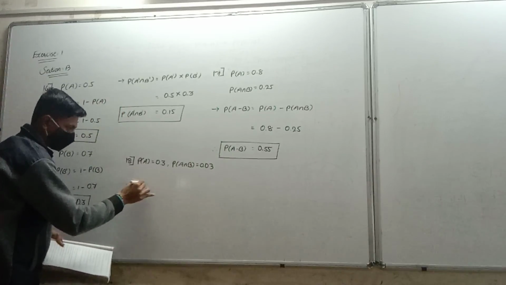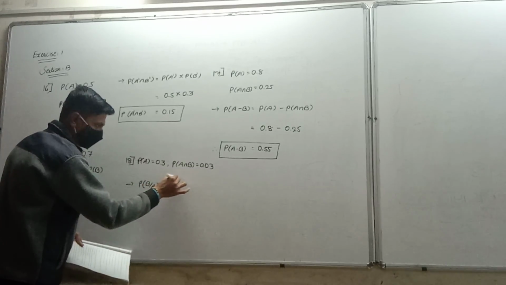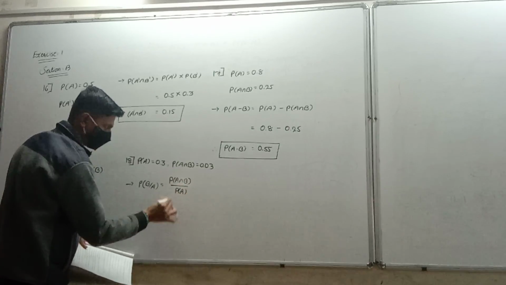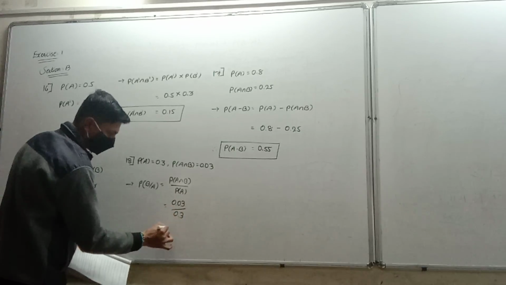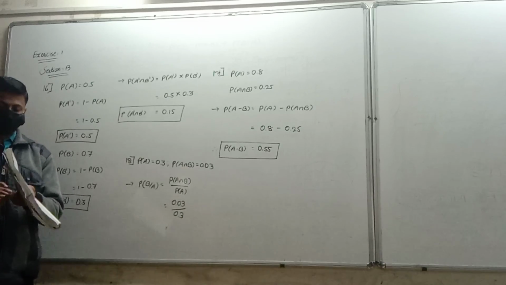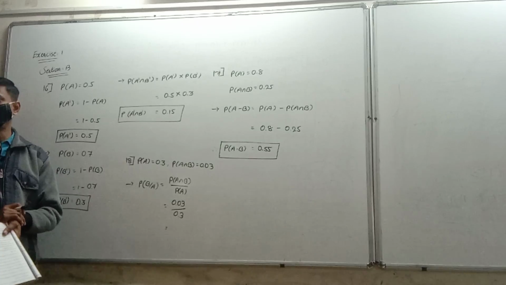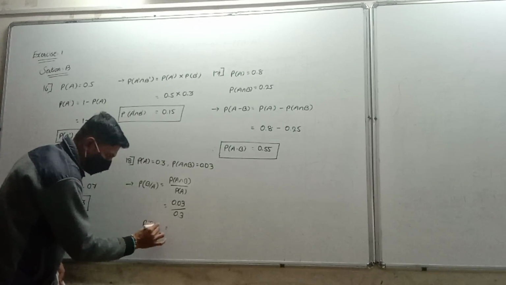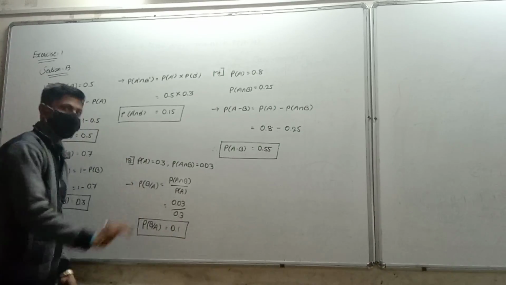So write the formula: P of B given that A is equal to P of A intersection B upon P of A, 0.03 upon 0.3. Tell me the answer. 0.03 upon 0.3, the answer is 0.1. Probability for B given that A is 0.1.